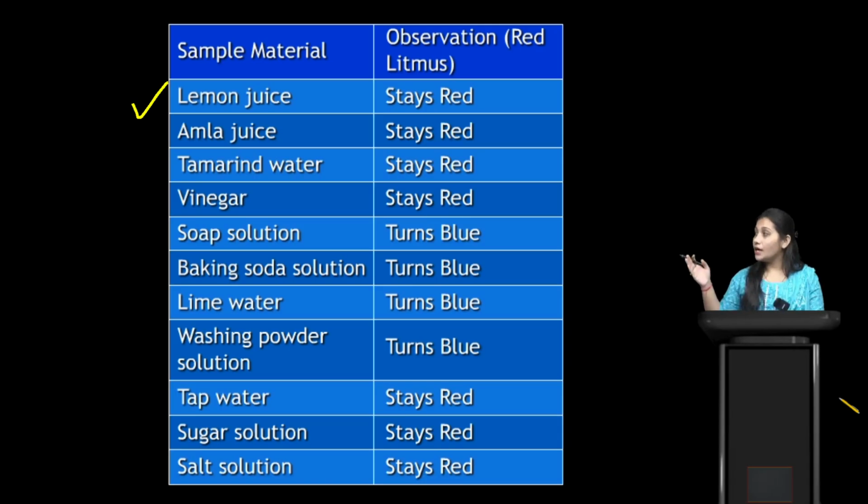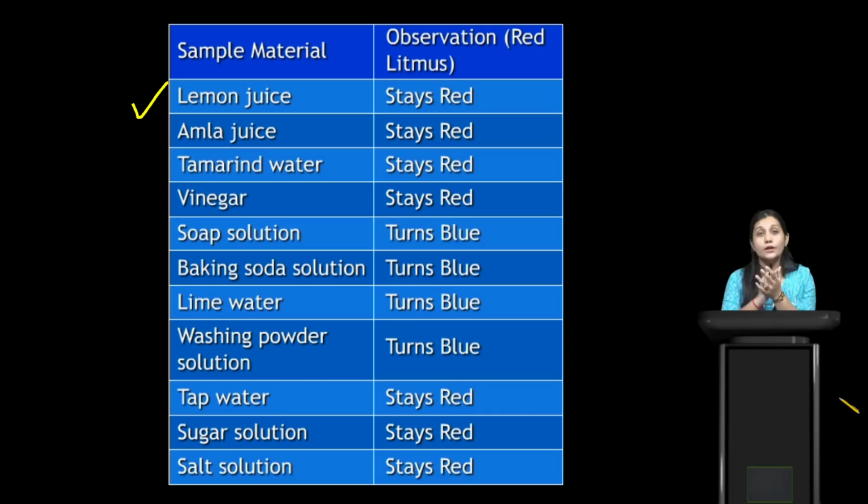Now comes the washing powder solution. If we dip the red litmus paper in the washing powder solution, it also turns blue. And now comes the tap water. If we use red litmus paper in the tap water, does it change any color? No, it doesn't change any color.